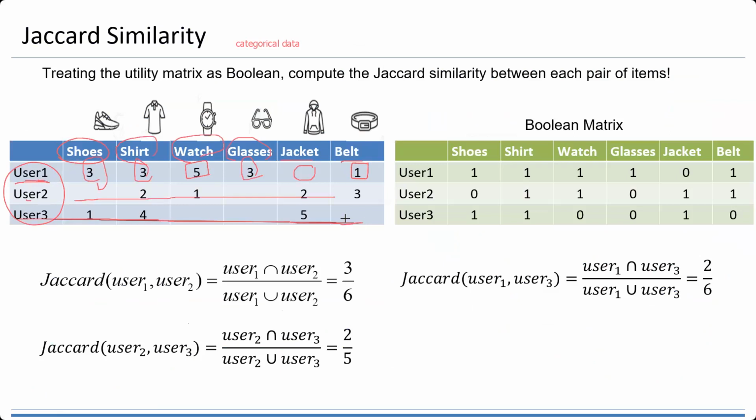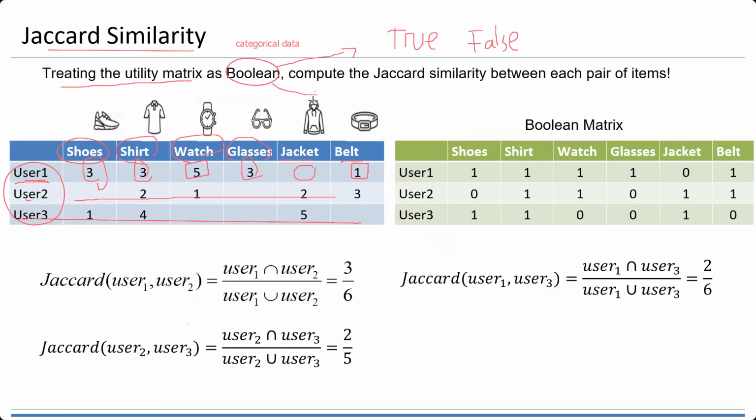So when we do the Jaccard similarity, usually we will treat this matrix as Boolean. You know Boolean? This is true or false. So in programming, we call it Boolean, true or false.